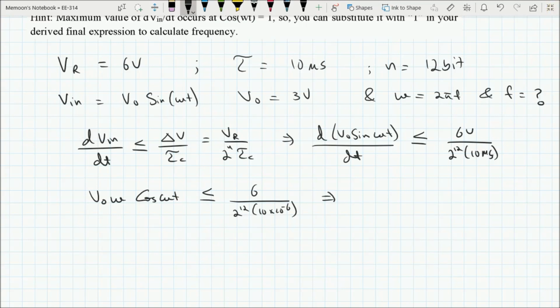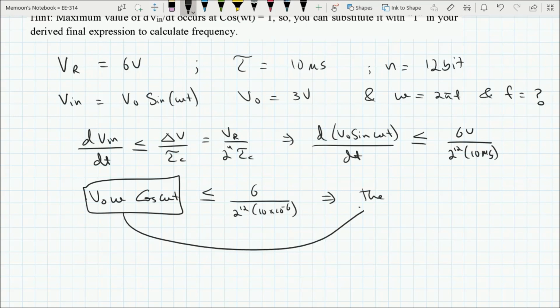And this implies that the input voltage change will be maximum. The V naught omega cos omega t will be maximum when cos omega t is equal to 1. We all know that.